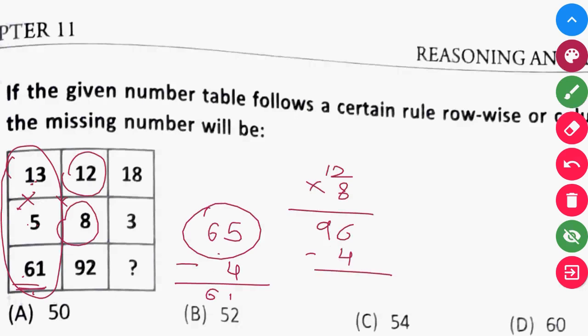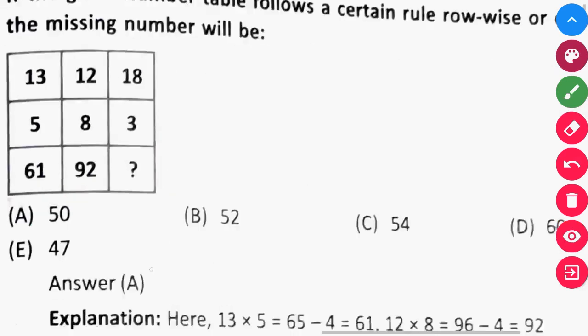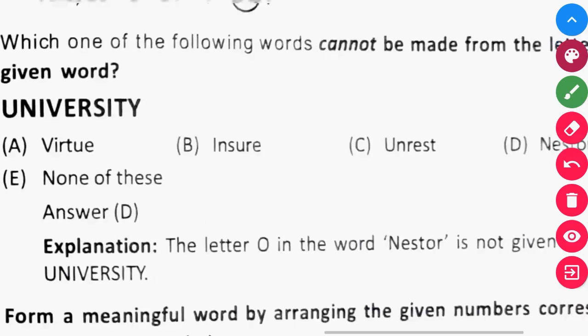Now again subtract 4 from 96, you will get 92. So see, two columns are following the pattern, so we can easily apply it to the third column. 18 threes are 54 and 54 minus 4 is 50. So your answer is A. Okay, think logically and solve practically.